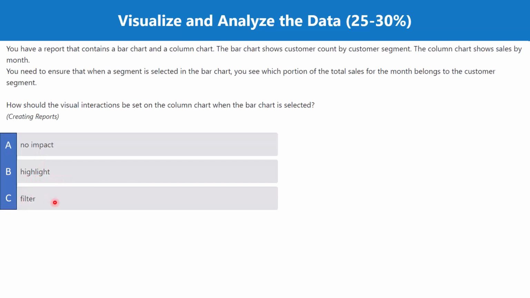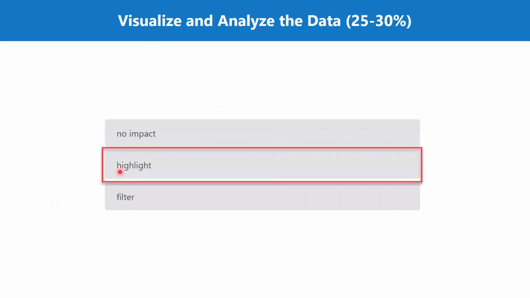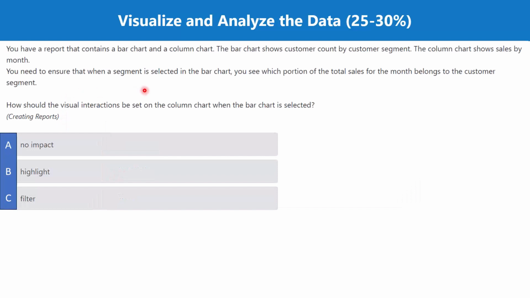So let's look at the result, and the result is showing highlight is the correct answer. So if we have a look at the question, it is related to the visual interaction options between the visuals.